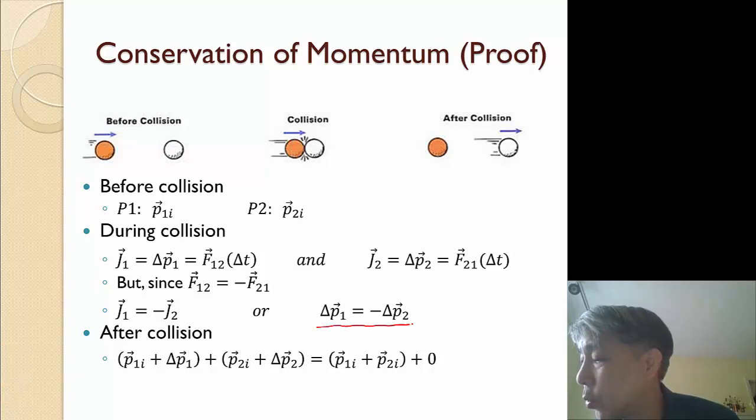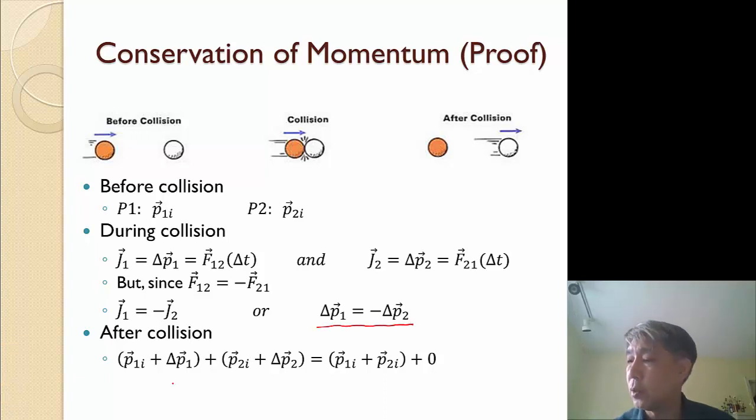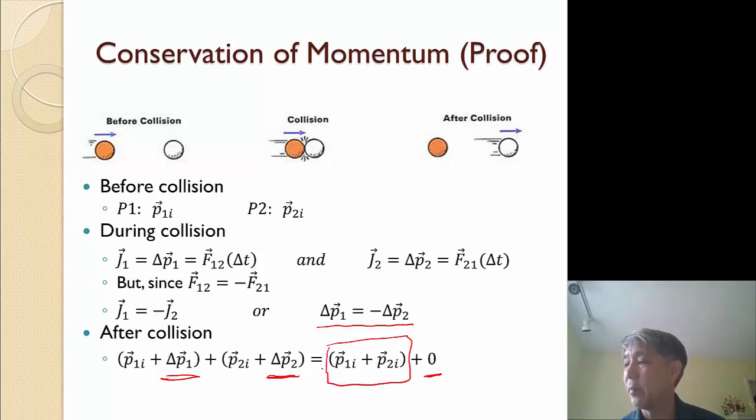Because delta P1 equals minus delta P2, this and this cancel and give me 0. Basically, after the collision my momentum is exactly the same as my initial momentum. It doesn't mean the momentum of the first object stays the same, or the second object; it's just that the net momentum will be the same.